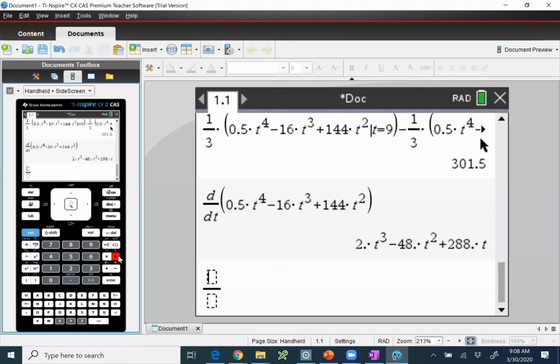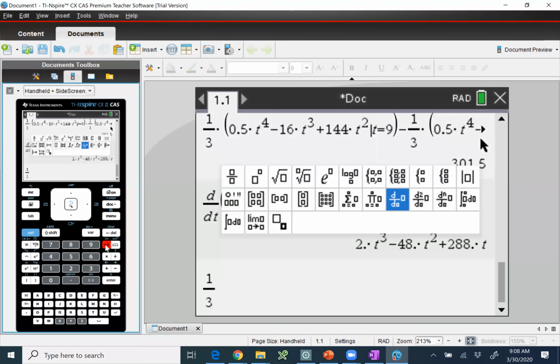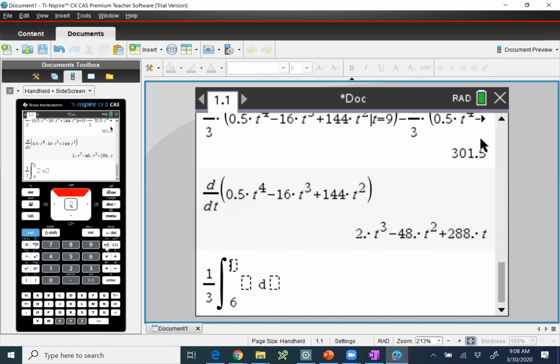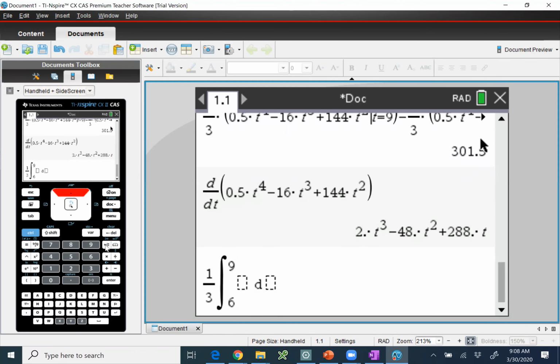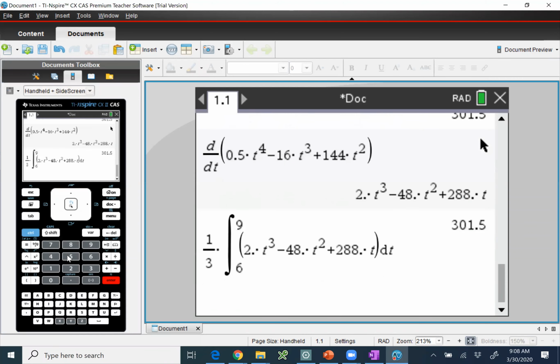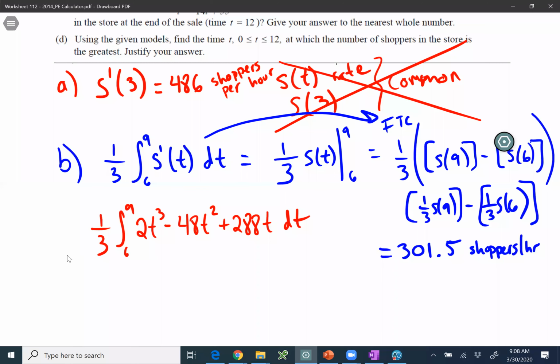So then I would do 1/3 integral from 6 to 9 of Control C, Control V, dt. We don't need any ats, and we get the same 301.5. So either way, we get 301.5.